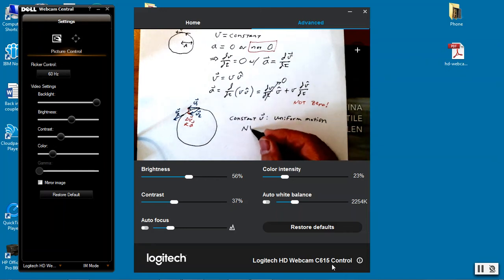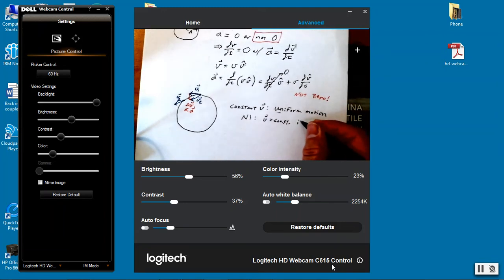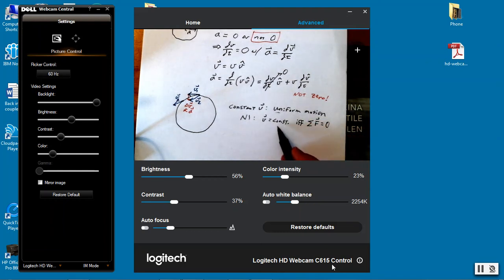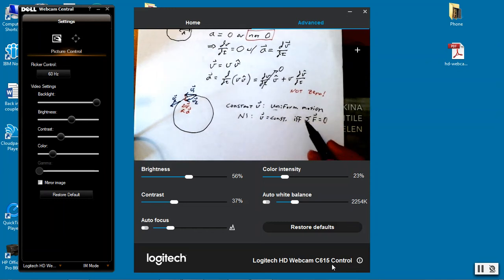So, for instance, Newton's first law says that something will maintain uniform motion if there are no interactions, which is a way of saying that the forces acting on it add up to 0. And that's an if and only if. It goes both ways. If the forces add up to 0, the velocity stays constant. And that is referred to as uniform motion, a constant, a uniform velocity.